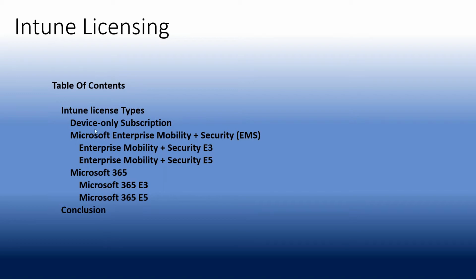Under Microsoft Enterprise Mobility and Security, which we normally call EMS, there are E3 and E5, and in the same way for M365 we have E3 and E5. Now let's see what each of these will do. Also, I would like to highlight that governments have a separate one.